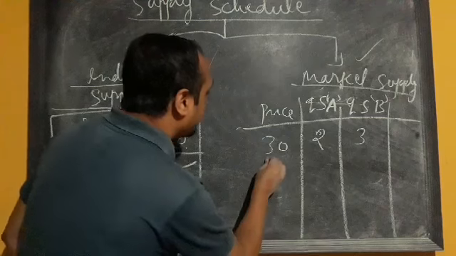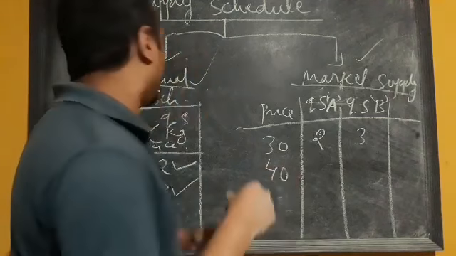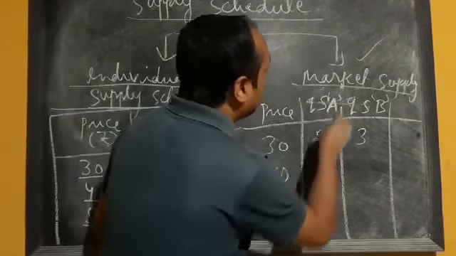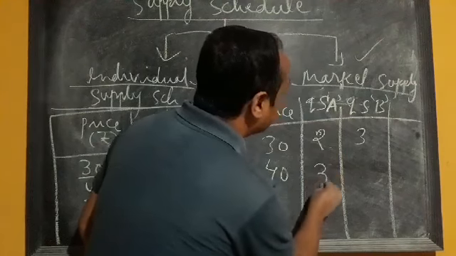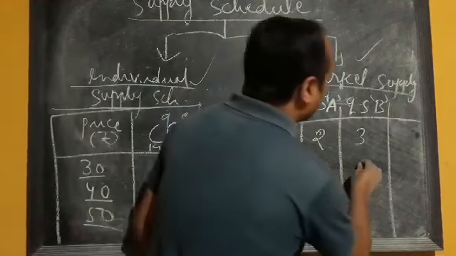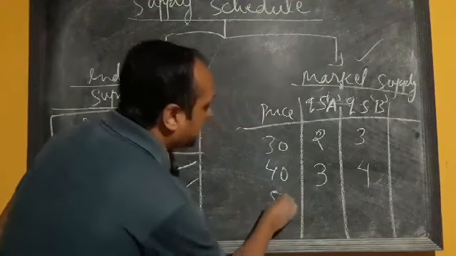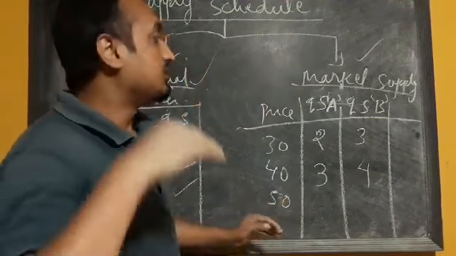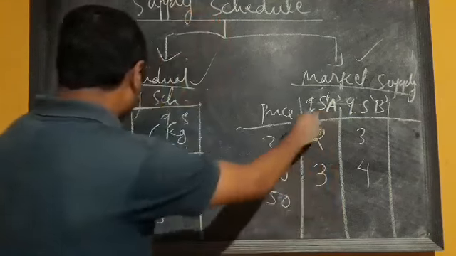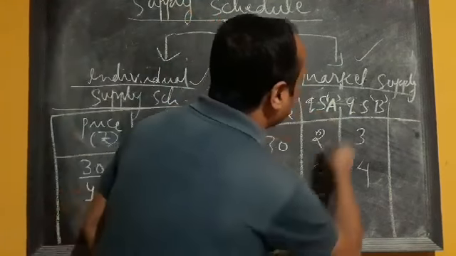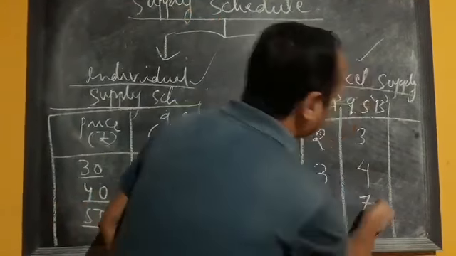When price increases from 30 to 40 rupees, A supplies 3 kg and B supplies 4 kg. When price increases from 40 to 50 rupees, A supplies 5 kg and B supplies 7 kg.